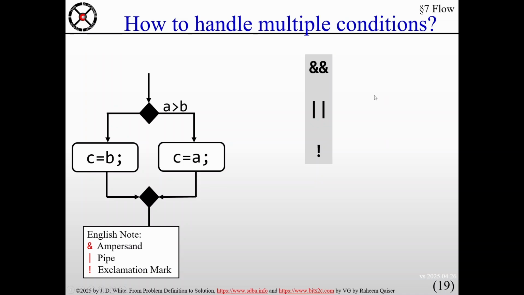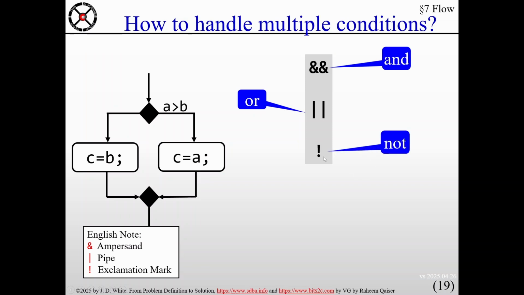Two ampersands mean and. Two pipes mean or. And this one means not. So these are the three other logic operators that we need to know. This completes the whole set of logic operators.